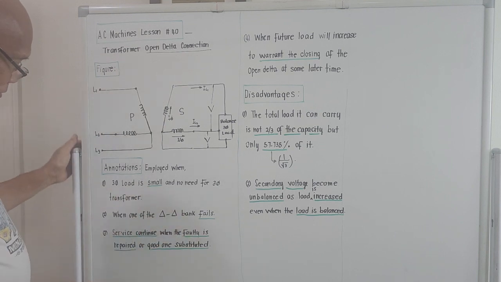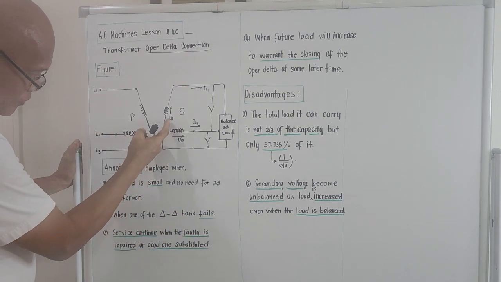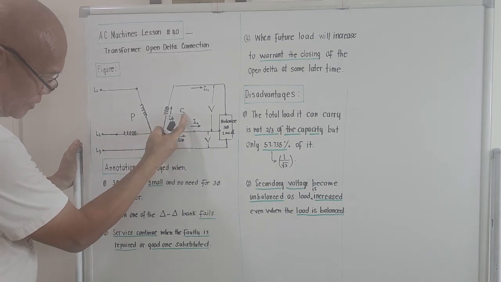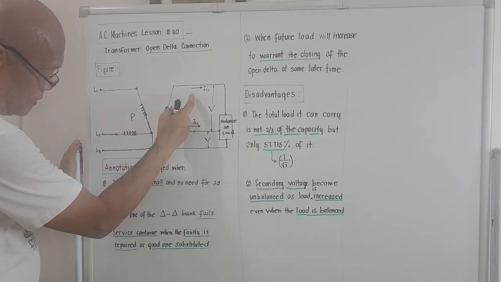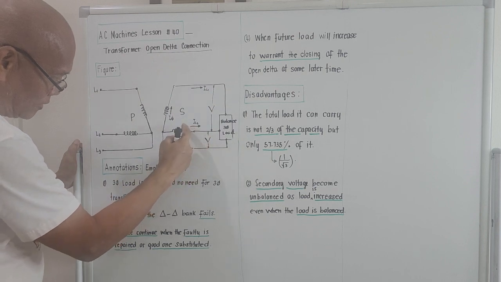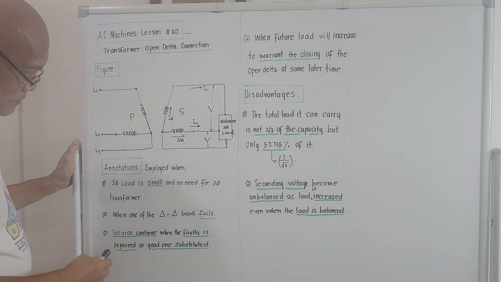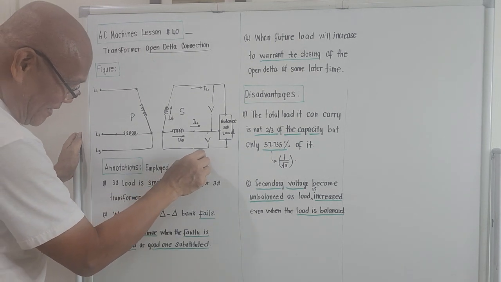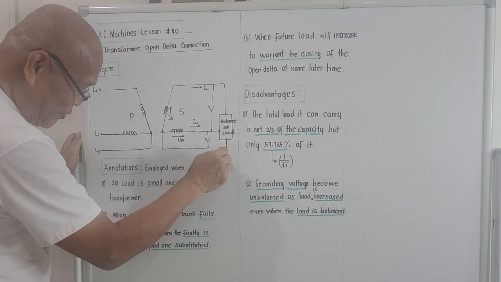So what will happen? This should be the current per phase of the secondary side, primary side. Line current number 1, line current number 2. As you will see, there is no current going here.